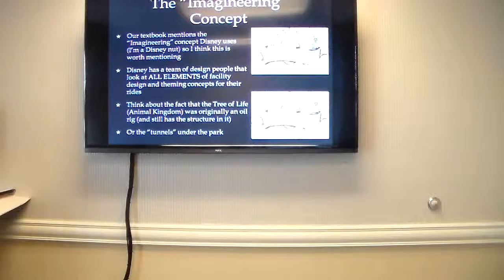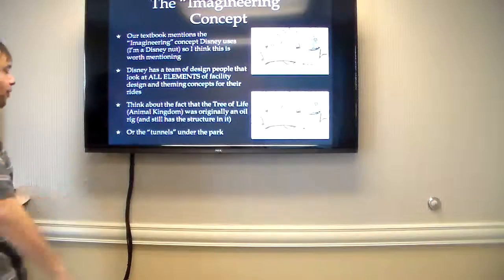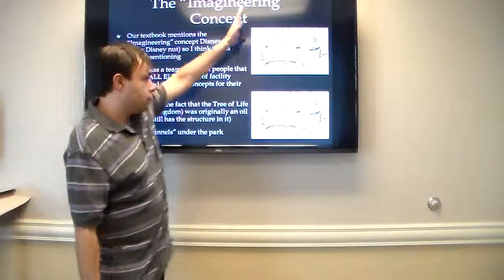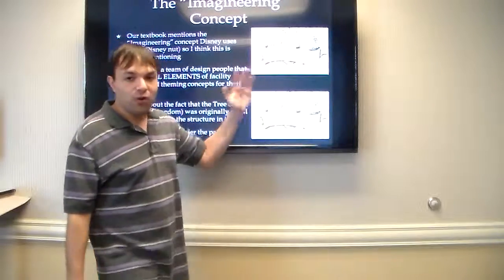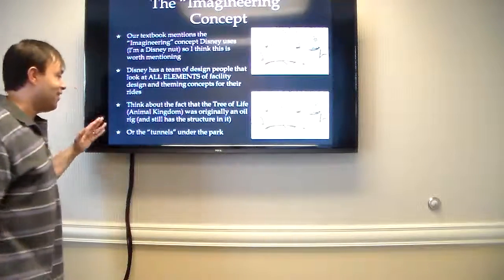I'm a Disney nut, one of the reasons why I'm here, but this whole notion of the Imagineering concept is this idea that design people take a look at all elements of facility design and theming concepts. If I had a picture of it, it would be really cool, but if you've been to Animal Kingdom and you've seen the Tree of Life, the Tree of Life actually is an oil rig, and there's an entire oil rig structure that's still inside of it.